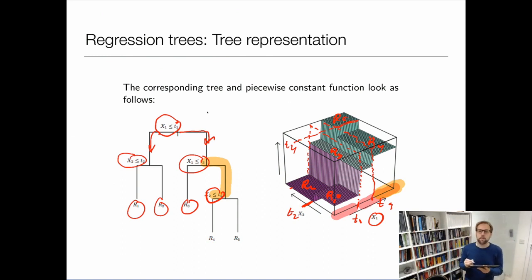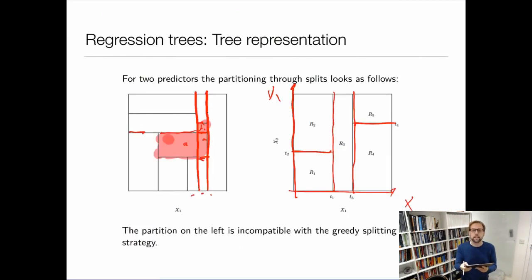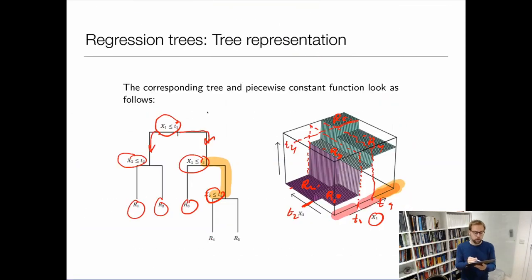So this is just labeling all those regions as they emerge from this splitting, and it should hopefully be exactly the same as in this figure here. R1, R2, R3, R4, R5 are exactly those regions which come out of this tree, and this is the 3D picture of the function which we talked through. Have a look, go through it in detail, but this is the way it works.